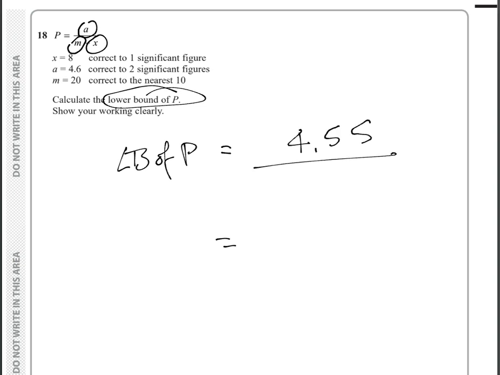I want a large M, so that's 25, minus a small X, so that's 7.5. Let's try that again. That's a bit better, 0.26. Okay.